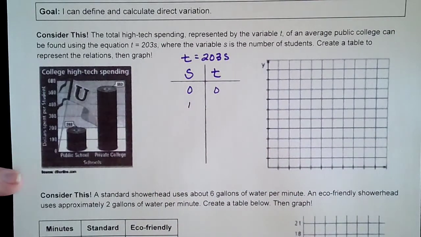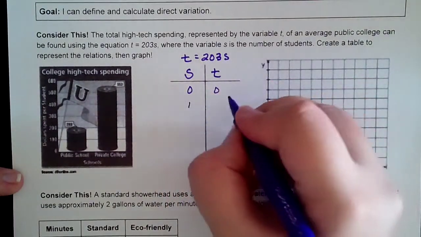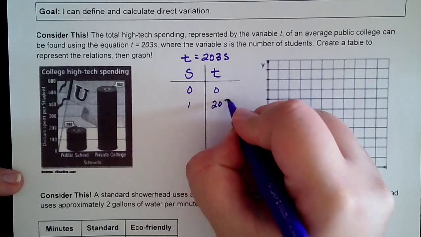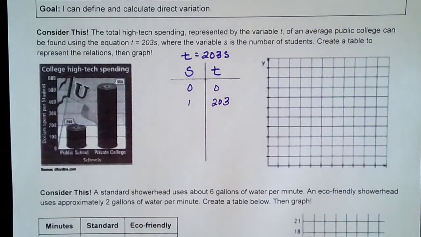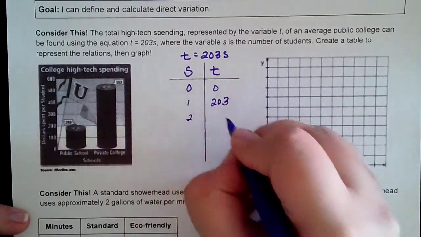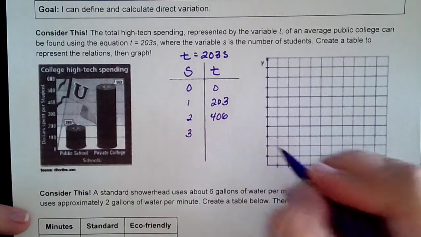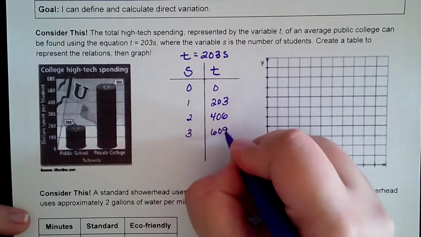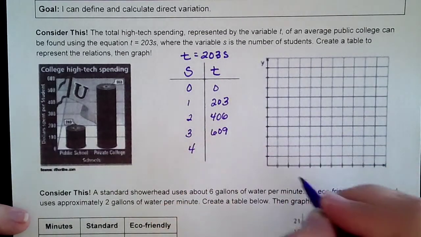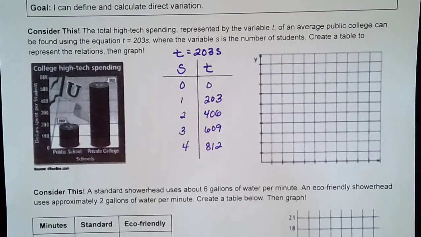If I have 1 student, I can plug that in and say 203 times 1, meaning they're going to spend 203 on 1 student. Let's keep going with this. If they have 2 students, they're going to have 406 spent. 3 students means 609. And we'll stop at 4 just because the numbers are starting to get a little weird.